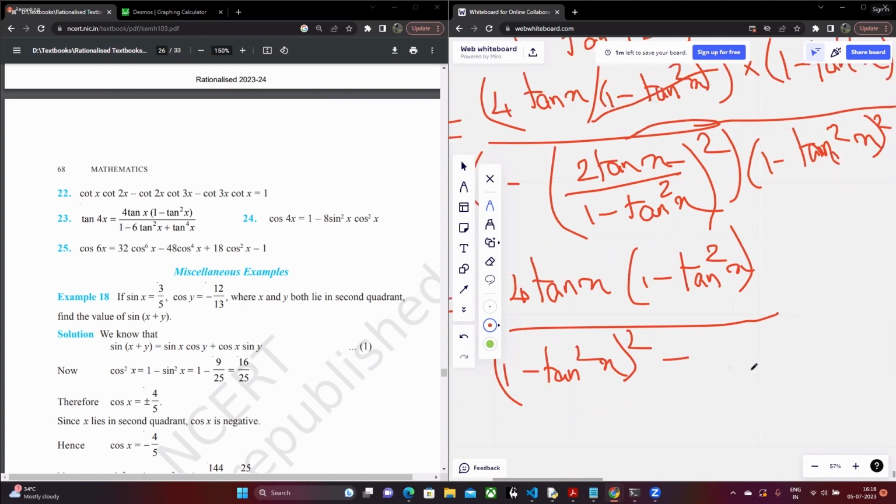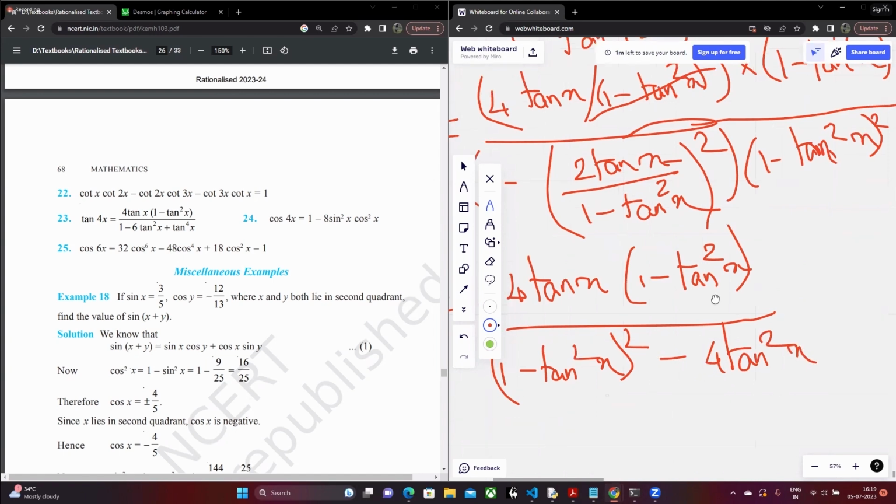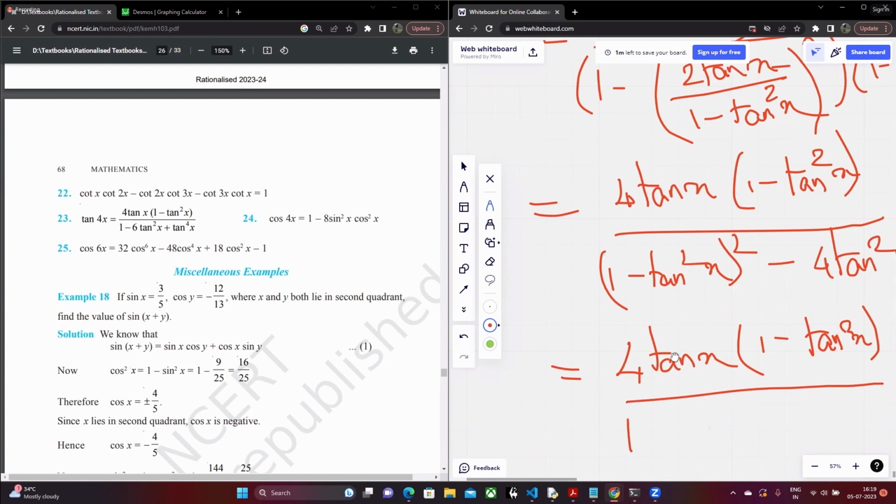minus this 4 tan square x. So you basically have 4 tan x into 1 minus tan square x divided by 1.